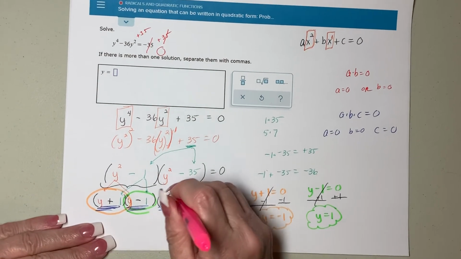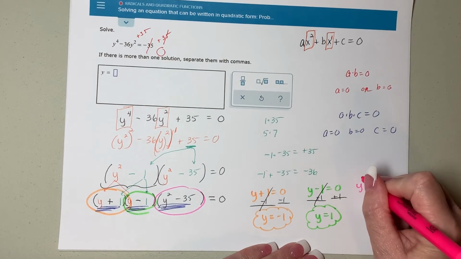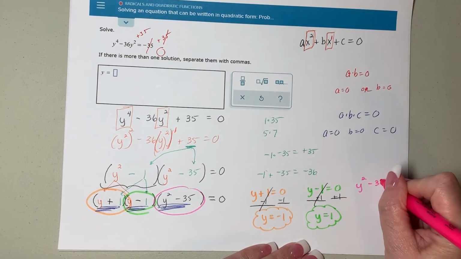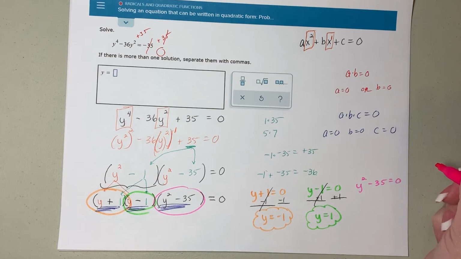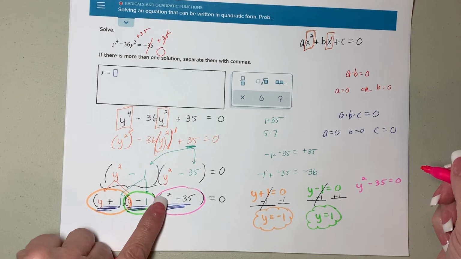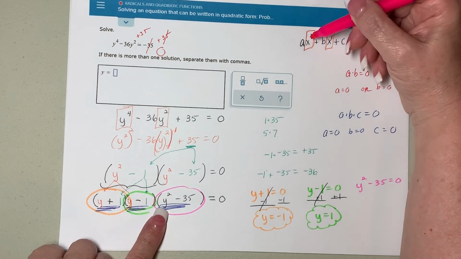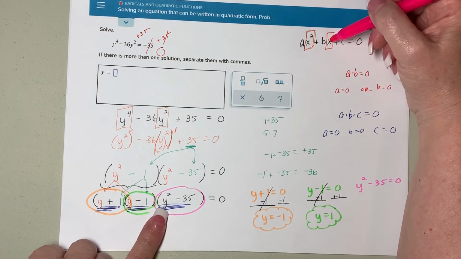And then last but not least is this guy. Now, he is a quadratic that can't be factored. So I can either use the quadratic formula or an easier way, since you only have the squared variable. See how I have the x squared and then normally there's an x to the first?